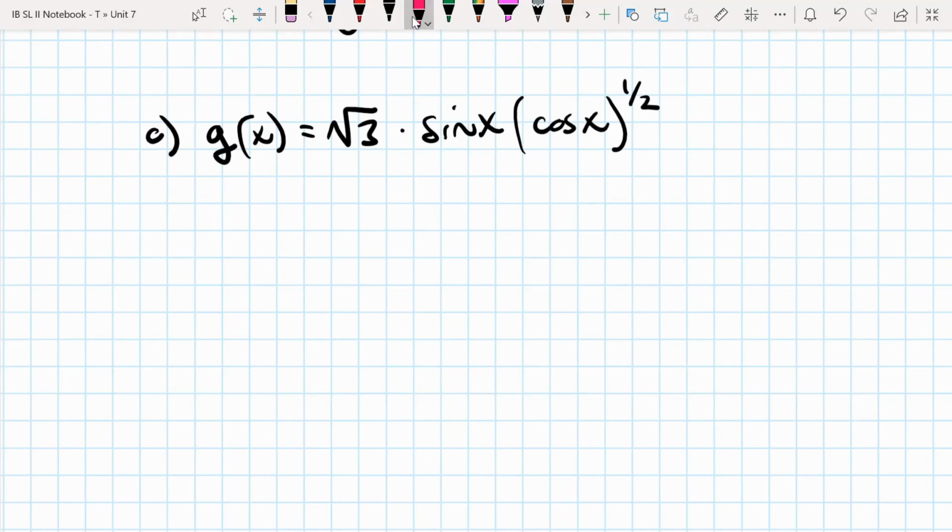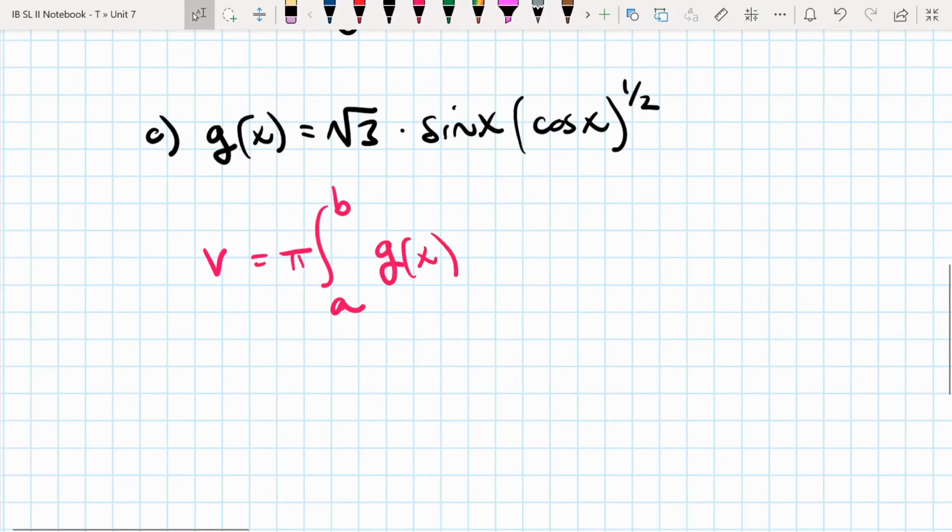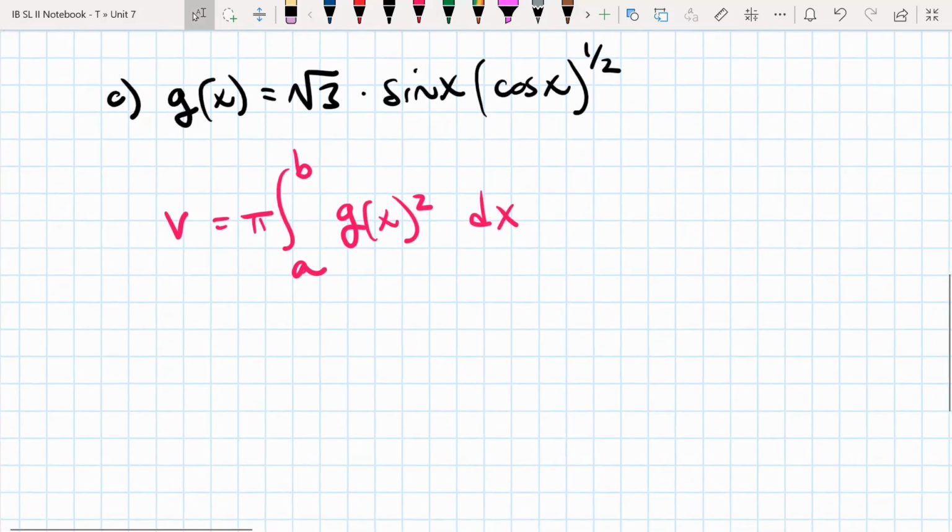So we know that the volume generated is going to be pi times the integral from a to b of g of x squared dx. This is the washer method question, except that the lower function is just the number 0, so we can ignore that, and it's just a simplified version of that formula.